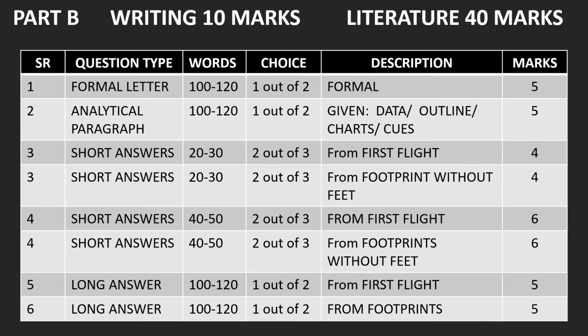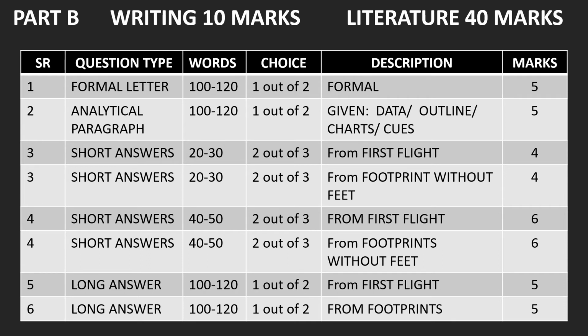Now, short answers, 20 to 30 words. Out of a total of 3, you will have to do 2 from First Flight. Each question will be for 2 marks. So totally from First Flight you will be doing 4 marks.